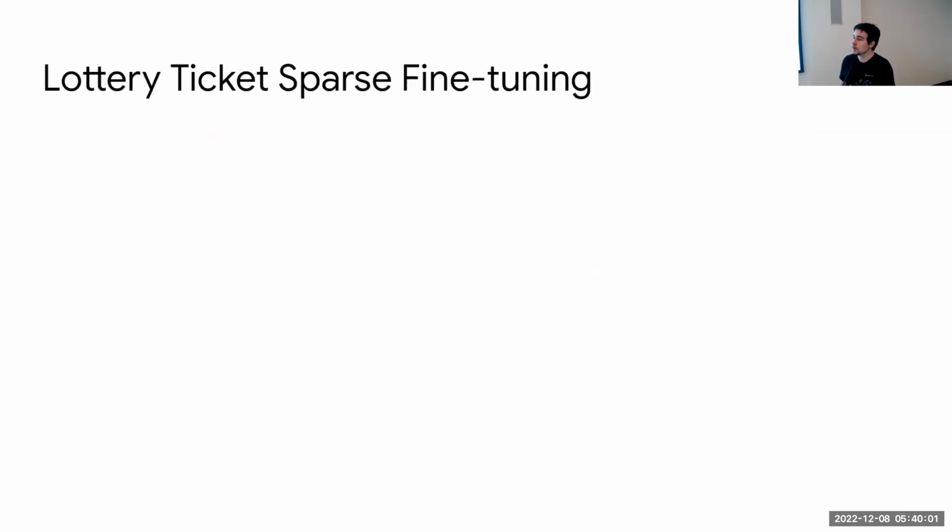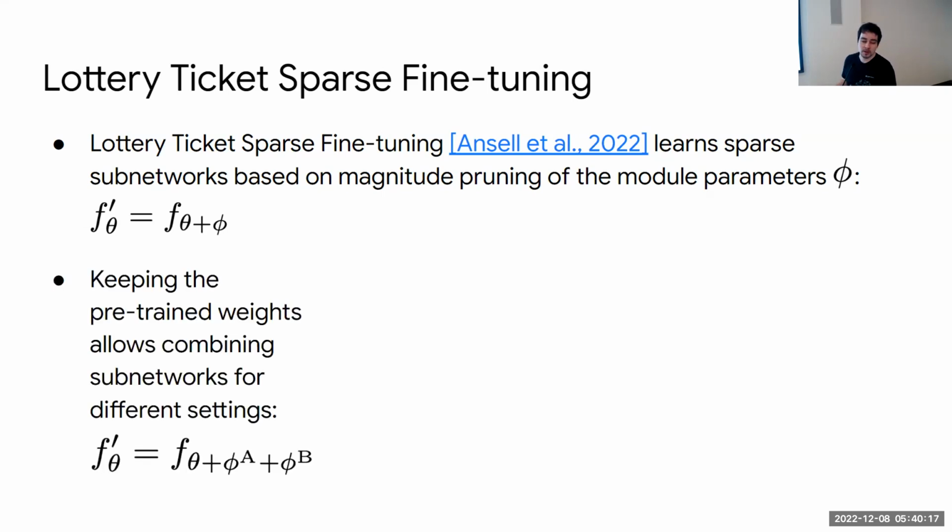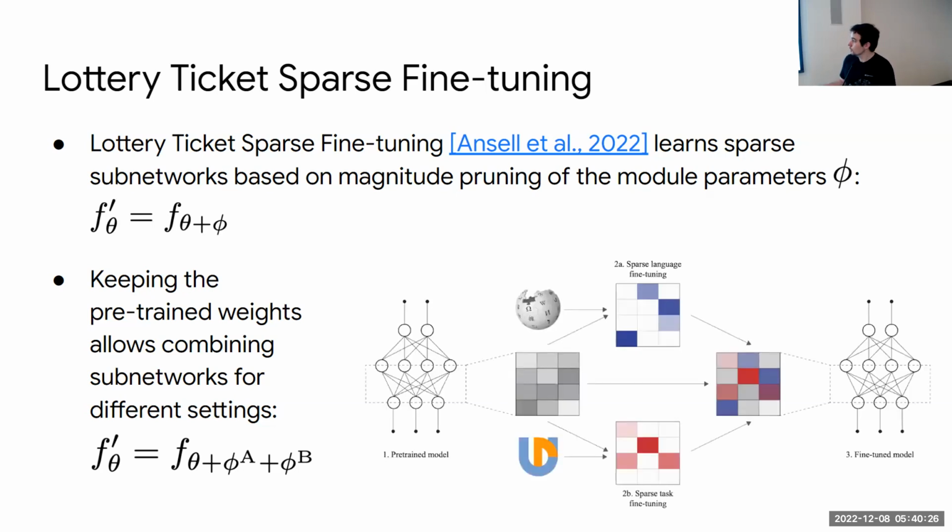With the next method, I want to quickly illustrate some of these properties, and we're going to talk more about these in depth in the later sections of the talk. One recent method also uses this formulation of applying magnitude pruning to the additional parameter vector phi that we're learning. What this allows us in practice is that for each task and each setting, we effectively just have a sparse vector phi that we can combine.